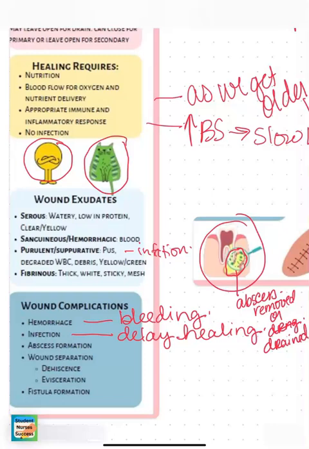The next is wound separation. And your wound can separate two ways. It can dehisce or it can eviscerate. I don't have a picture of evisceration, but evisceration is when the insides spill out. So the wound opens, and in some cases, it's so swollen that the stuff inside, like tissue inside your body, actually protrudes out of the opening.